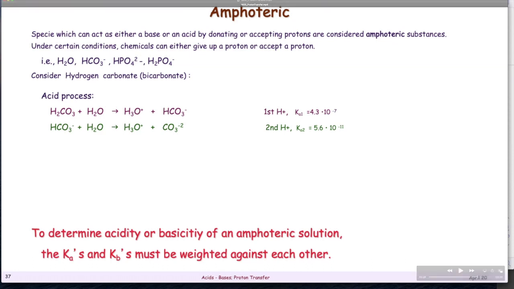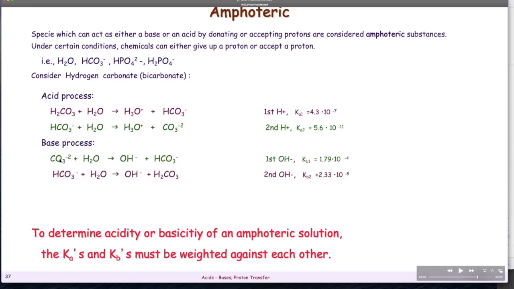If you take a look at carbonic acid, H2CO3, it forms bicarbonate, HCO3 minus, and bicarbonate can go further to carbonate ions. But if you look at carbonate acting as a base to produce hydroxide, if you put it in water, it forms bicarbonate, and that can go further to form carbonic acid.